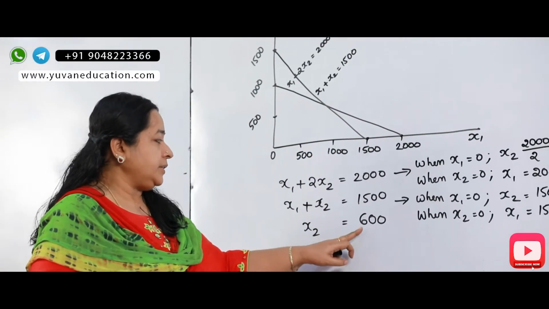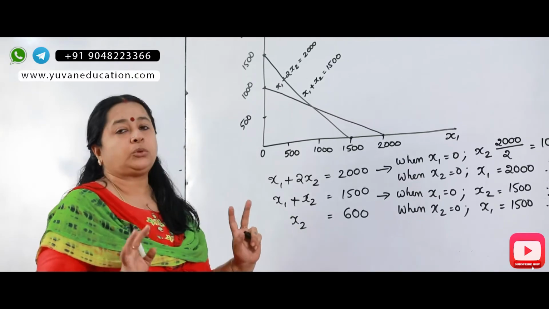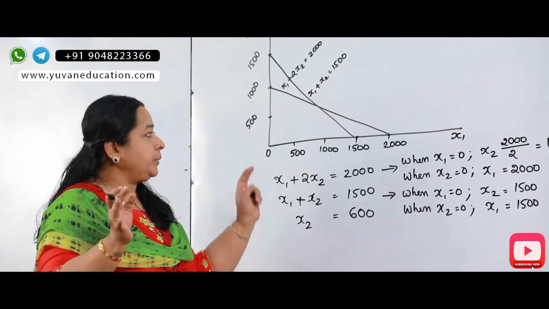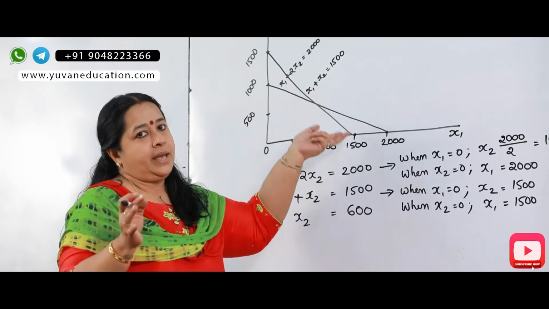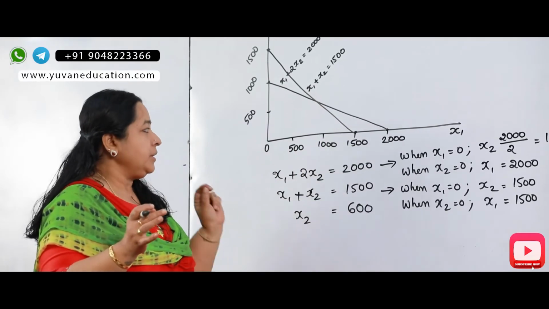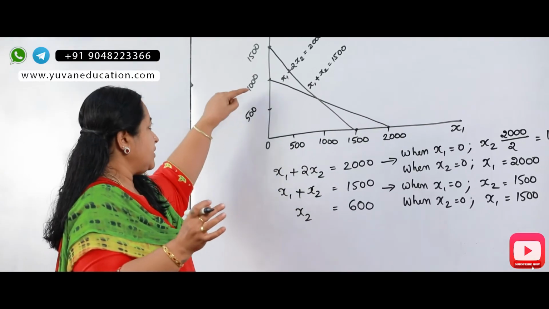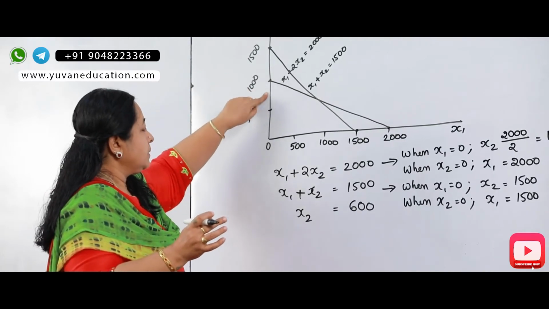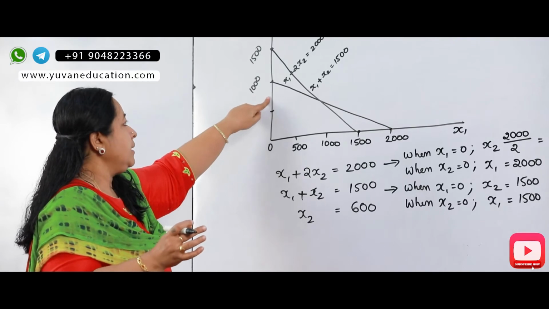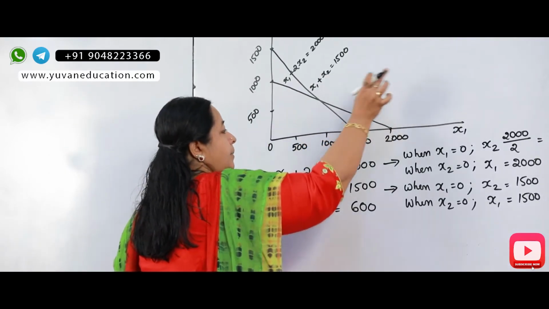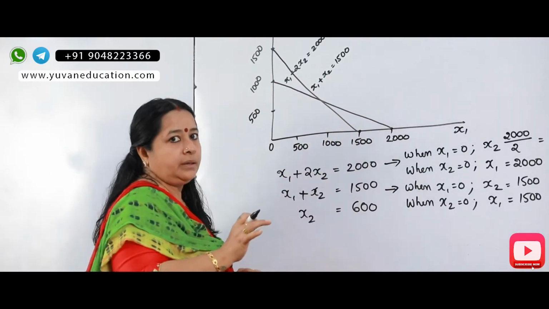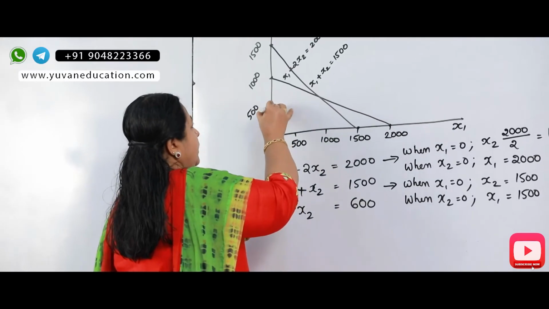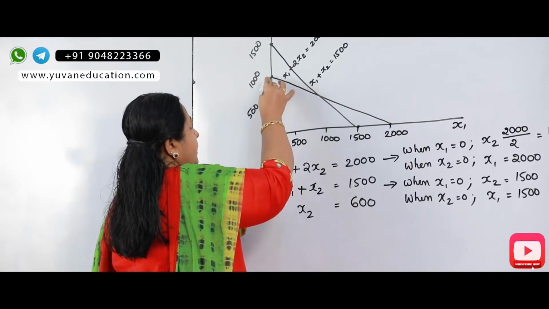Another constraint is only x2 is equal to 600. No need to draw lines like this, only one point. So in the x2 axis, find 600 and draw one line parallel to the x1 axis. Here it is 500, here 1,000.